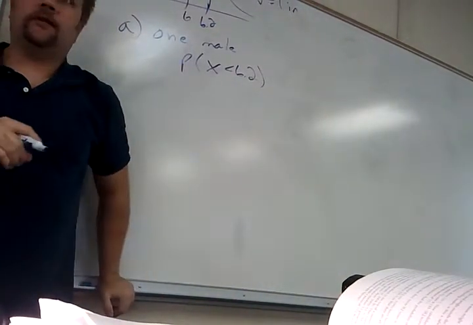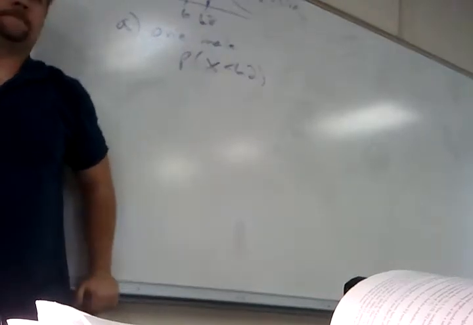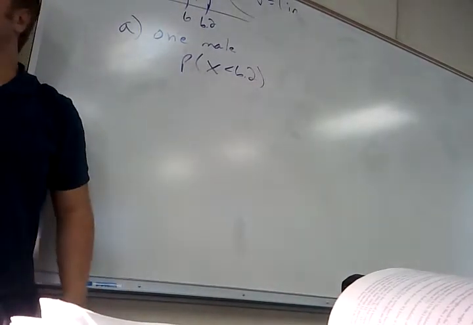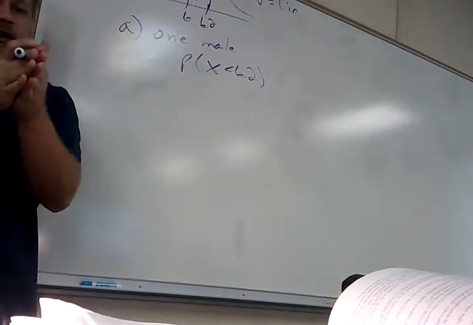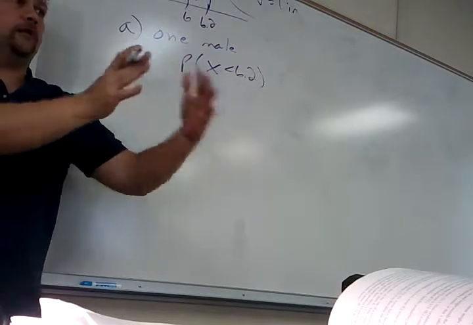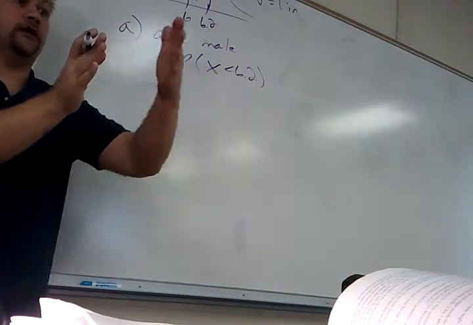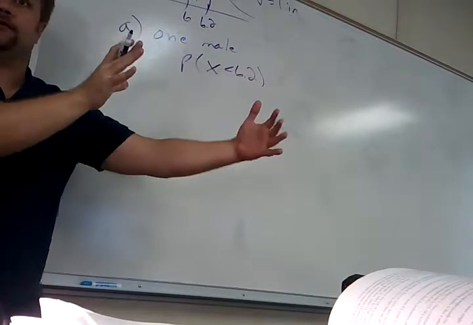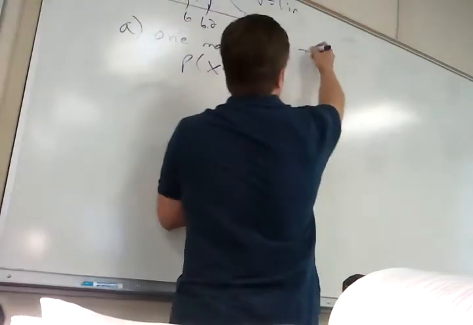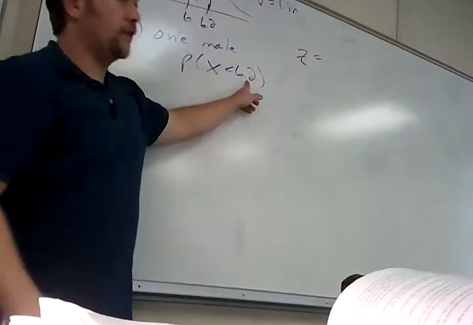So before we can look it up in the chart, we have to do what? Beautiful. So that chart only works for z-scores, right? If I know relatively how far away I am from the average, I should know about what area there is. Because the further I get away from the average, the less area there is outside of that. So that's why that chart works the way it does. How do I set up the z-score formula for that guy?